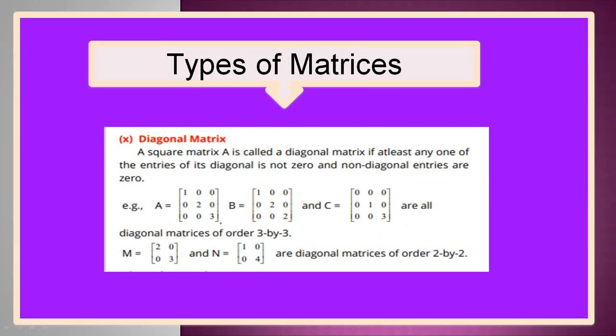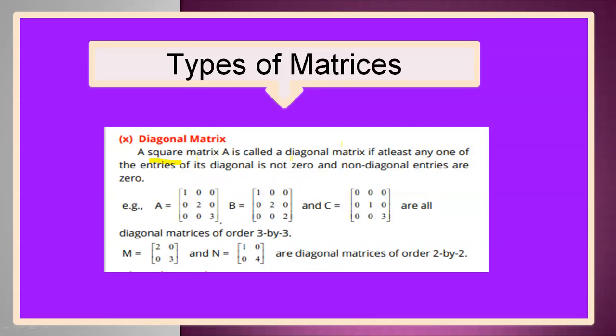Now, the next type is the diagonal matrix. You know the diagonal form, okay? If you take any square matrix, you must remember, where the number of rows and the number of columns are the same, that gives you a square.